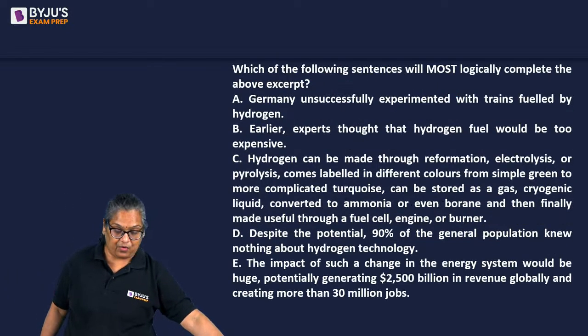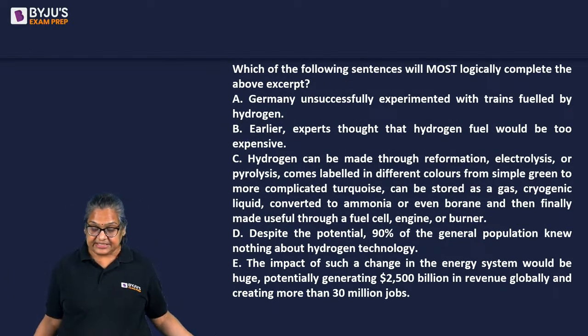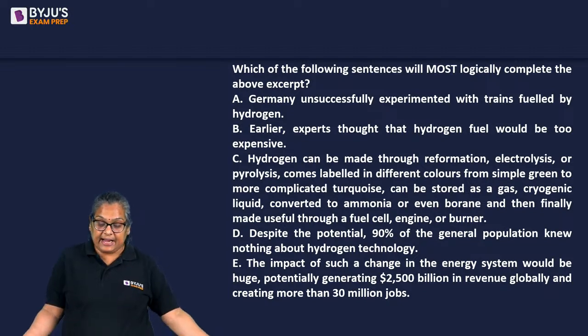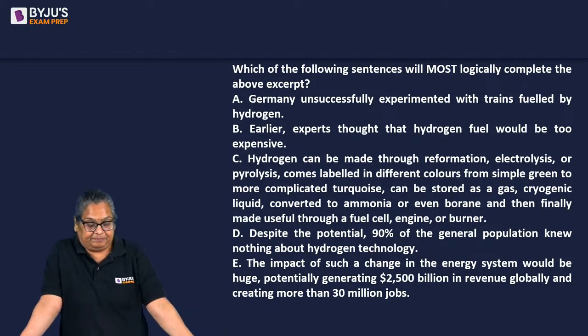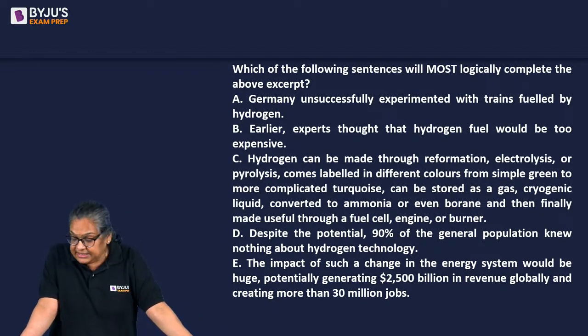Got it? Now, which of the following sentences will complete the above excerpt? Germany unsuccessfully experimented with trains fueled by hydrogen. Earlier, experts thought that hydrogen fuel would be too expensive. Hydrogen can be made through reformation, electrolysis, pyrolysis.